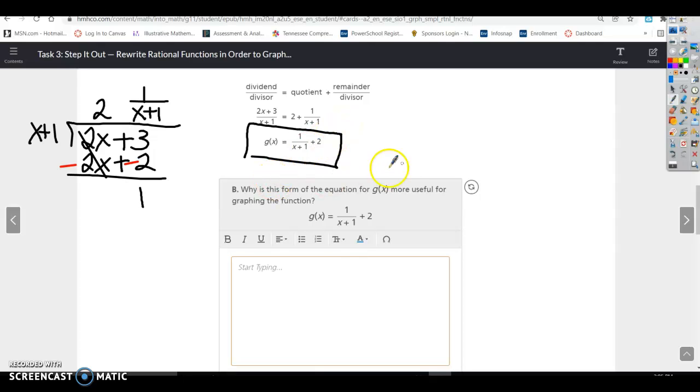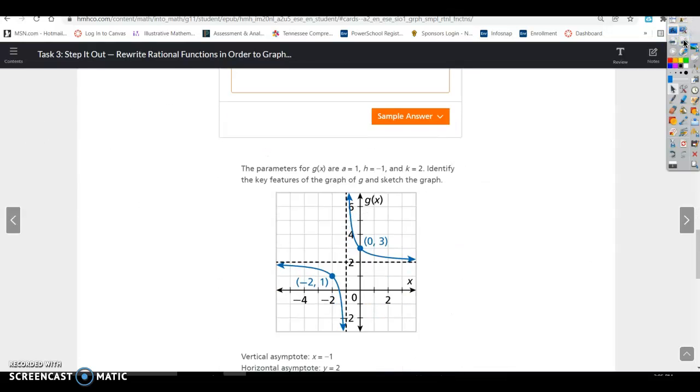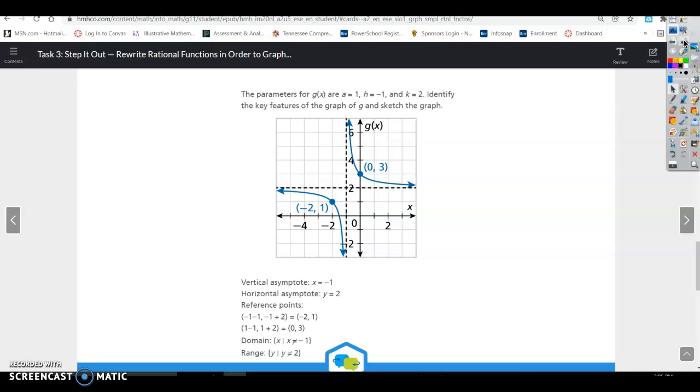Why is this form of the equation more useful for graphing? If it's in this form, we can determine our parameters, a, b, h, and k, and then use those to graph the function. The parameters of g of x are a is 1, h is -1, k is 2. Identify the key features of the graph of g and sketch the graph.